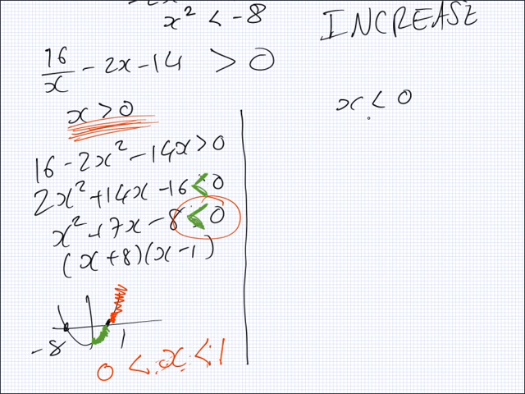Right, let's look here. So x is negative. If I multiply through by x, what will happen? Well, I'll get 16 over x. Sorry, one sec. More coffee. Right, I get 16 minus 2x squared minus 14x. But what's a little bit different now?